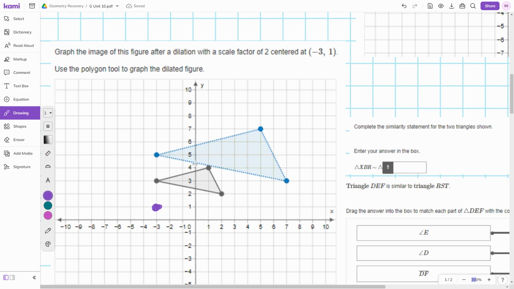This is my original function right here, this triangle that's in gray. It was at -3, 3. It would be at -6, 6. But it's going to be centered at -3, 1. So I have to keep that in mind.